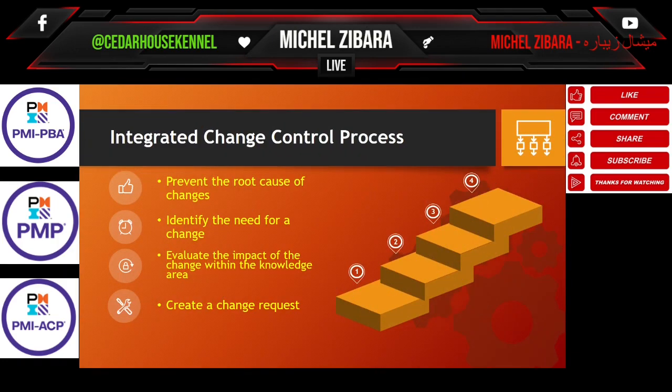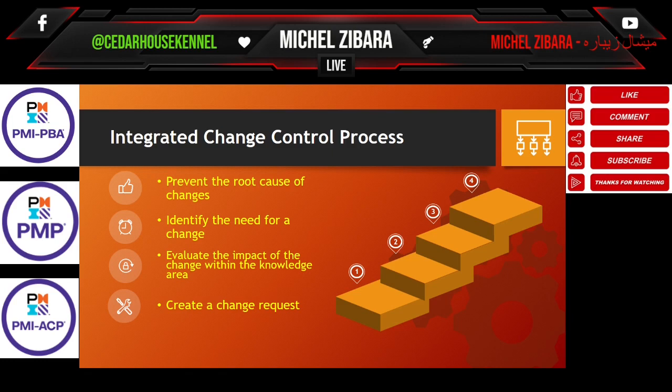Integrated change control process. It's very important, as part of the integrated change control process, for project managers adopting the predictive or plan-driven approaches to prevent changes in general, to know the root causes of the changes and try to prevent them. In Agile, changes are embraced and welcomed.